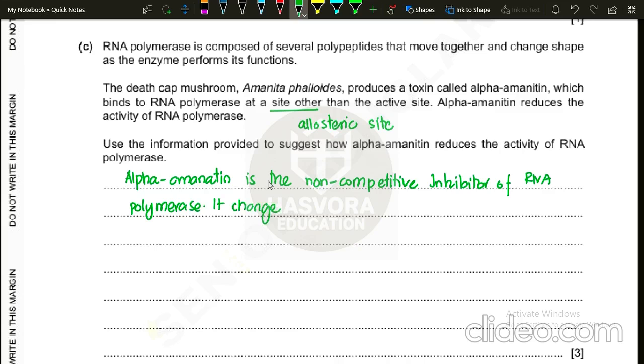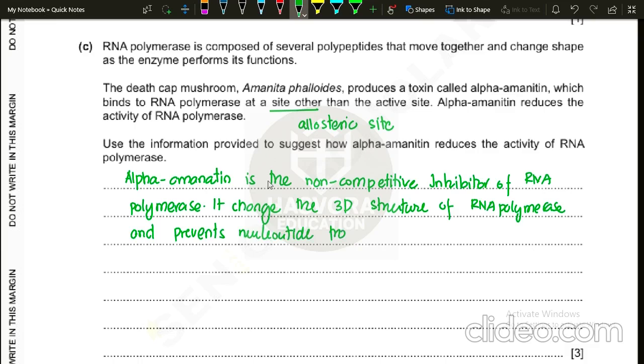It alters the 3D structure of RNA polymerase and prevents nucleotide from binding to the enzyme.